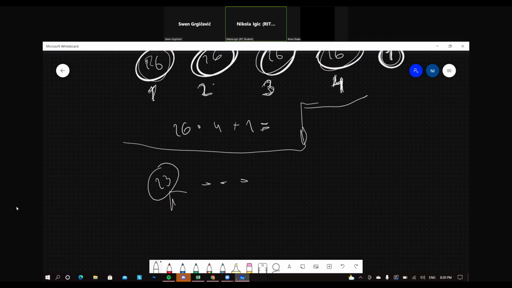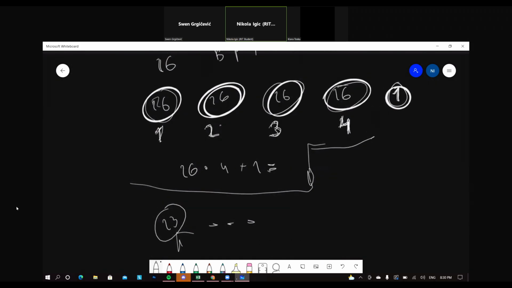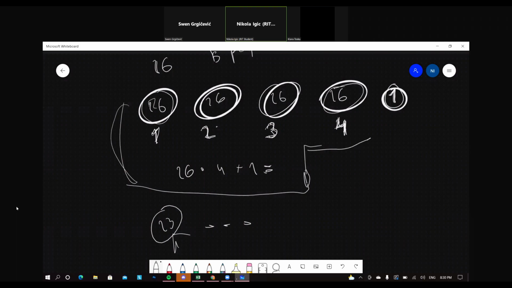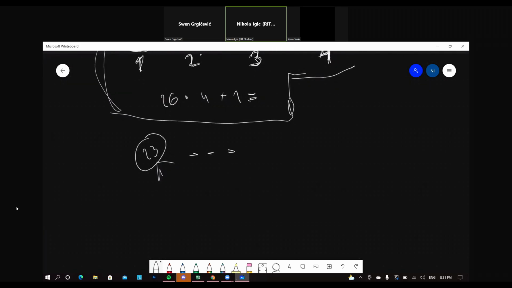I am showing you this example because it's counterintuitive. It's totally different from the first one. Yeah, you should get a percentage, because the question is, what is the chance?